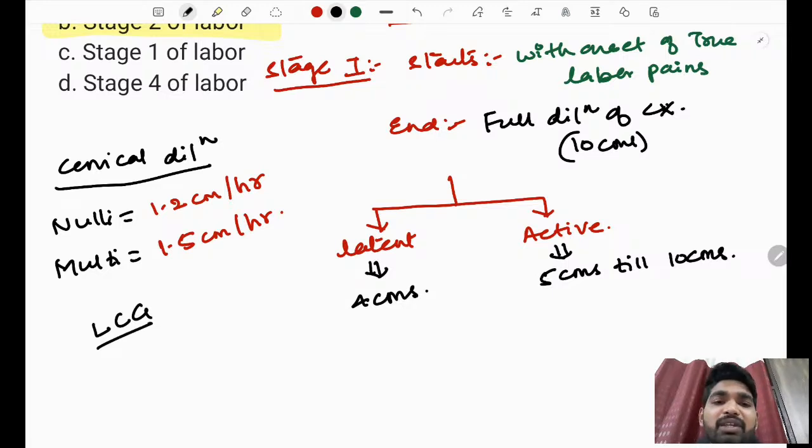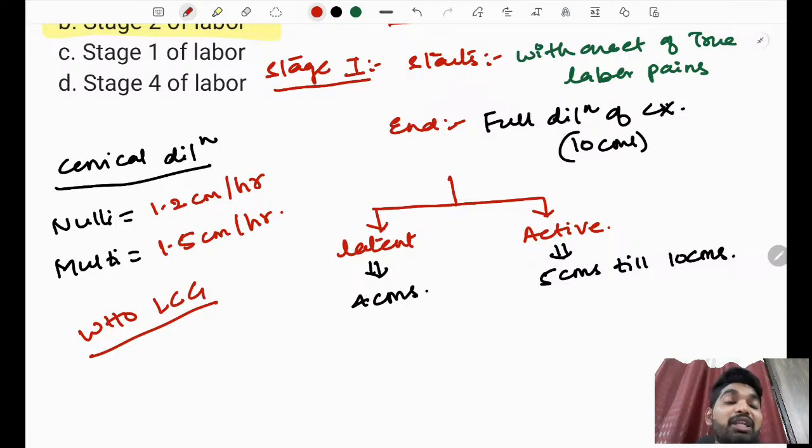According to ACOG it is 5 centimeters, yes, but remember, according to the WHO labor care guide, kindly remember, because you people will confuse easily. Surely you are going to get questions from the WHO labor care guide. What does the WHO labor care guide say to you?